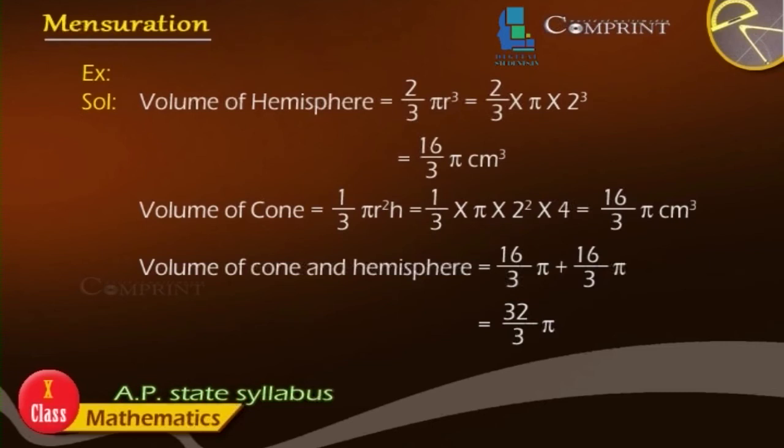Volume of cone and hemisphere is equal to 16 by 3 pi plus 16 by 3 pi is equal to 32 by 3 pi.